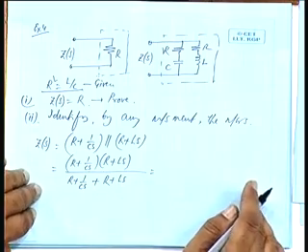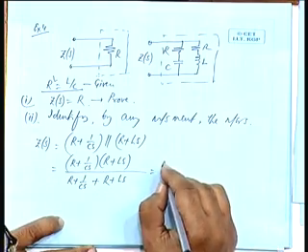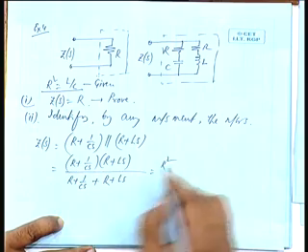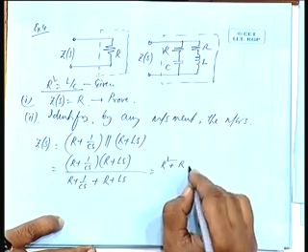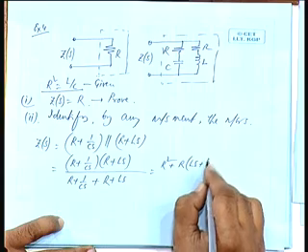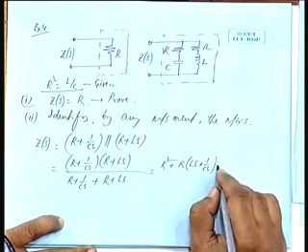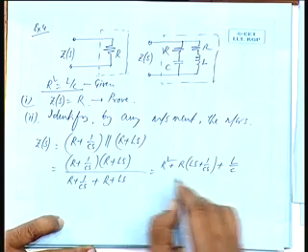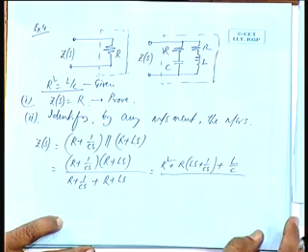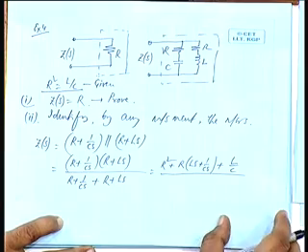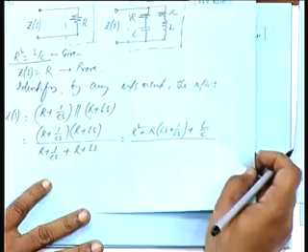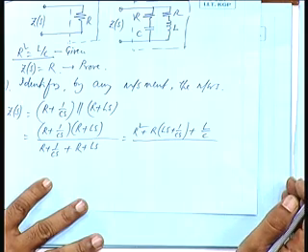Okay. How much is this? R squared plus R into LS plus 1 by CS plus L by C. Is that okay?